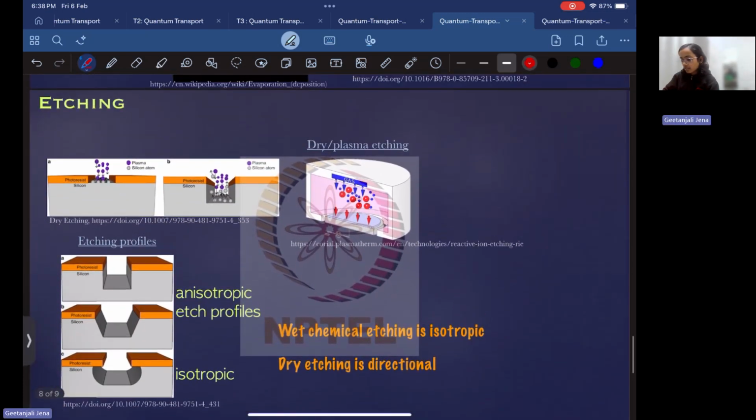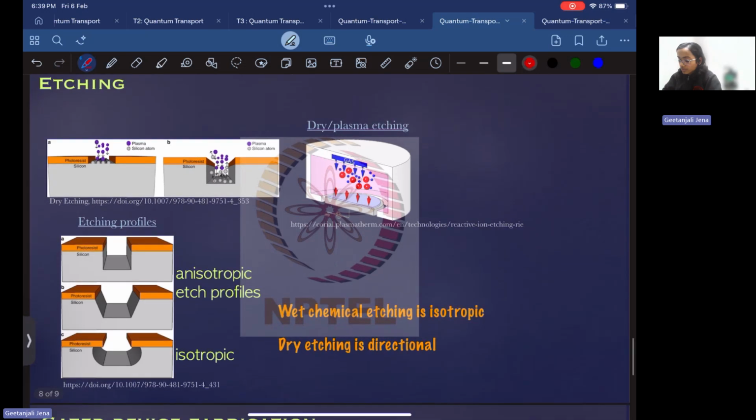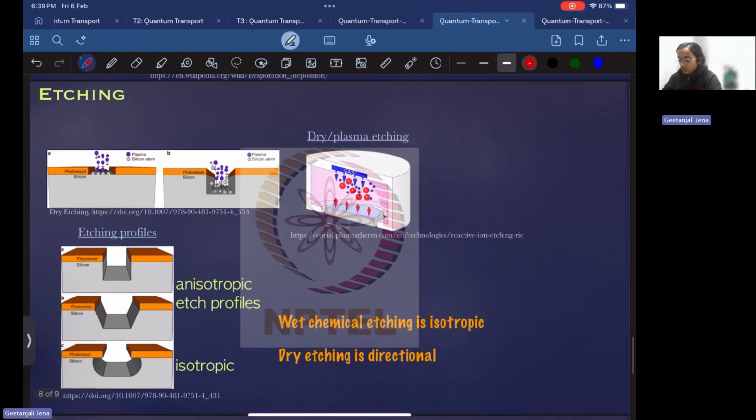So, as I said, etching can be of two types. One is wet chemical etching, where we use a solvent to etch our sample. Wet chemical etching is isotropic because of the chemical reaction. So because of the chemical reaction, we see an isotropic pattern whenever we use wet chemical etching.